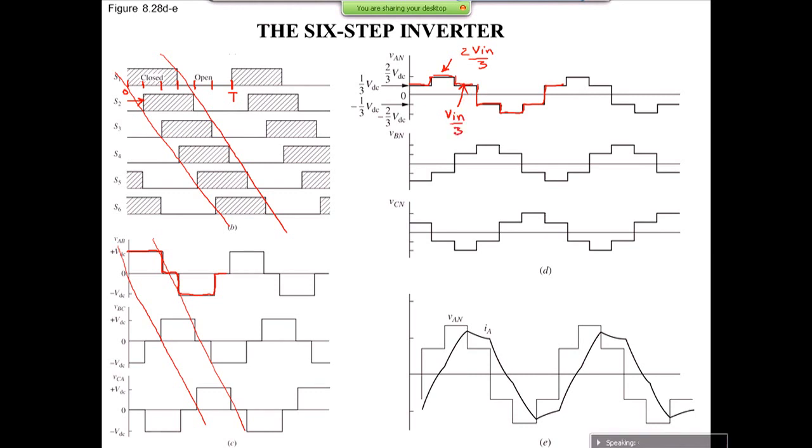And it's totally symmetric, so the negative values are the same, just negative 2 VDC over 3 or negative VDC over 3. And again, VBN and VCN are the same. They are only phase shifted, so you can argue that everything is phase shifted by 120 degrees, which is what we expect to see in a 3-phase system.